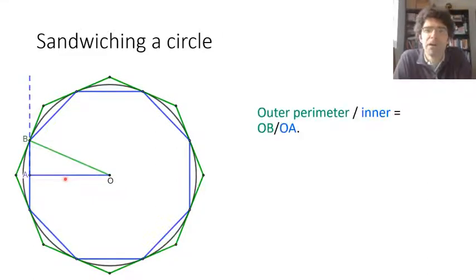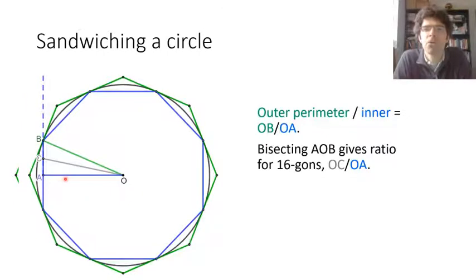And if we bisected this angle, we could use triangle OAC with its angle of 180 over 16 as the basis of a pair of 16-sided polygons, just as triangle OAB with its angle of 180 over 8 is the basis for 2 octagons.